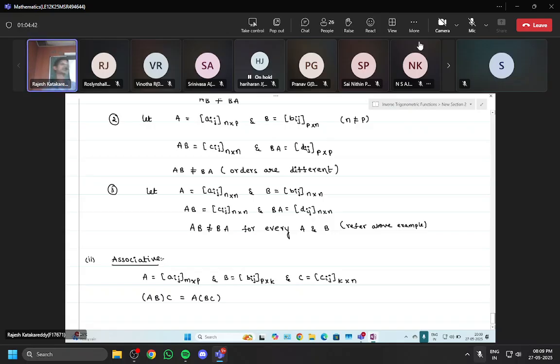You can check that matrix multiplication is defined and associative for all A, B, C of this type. If the product is defined between AB and between BC, in that case, it is true. Clear?